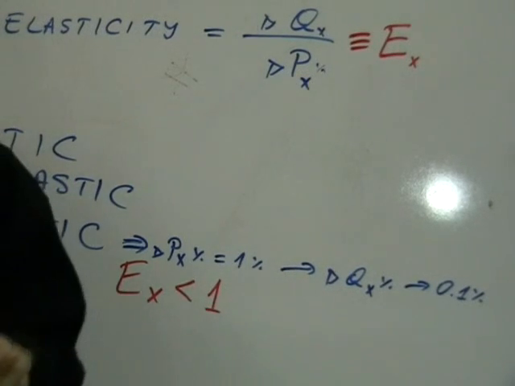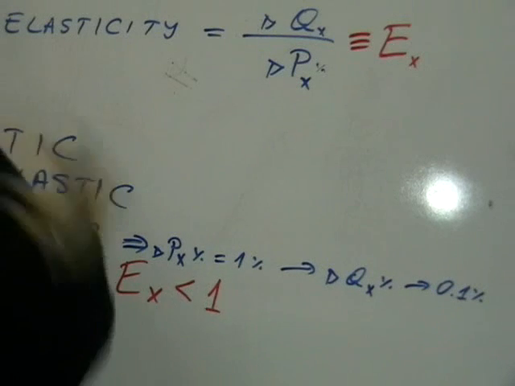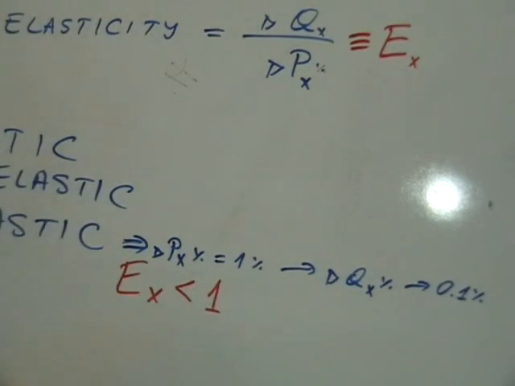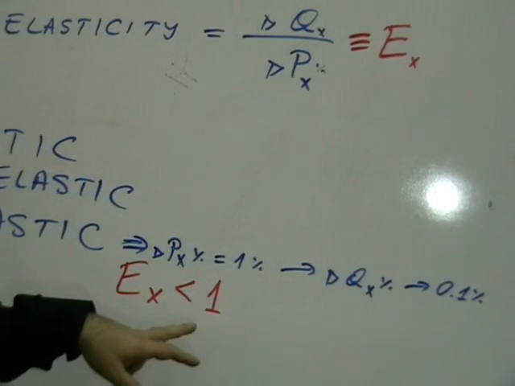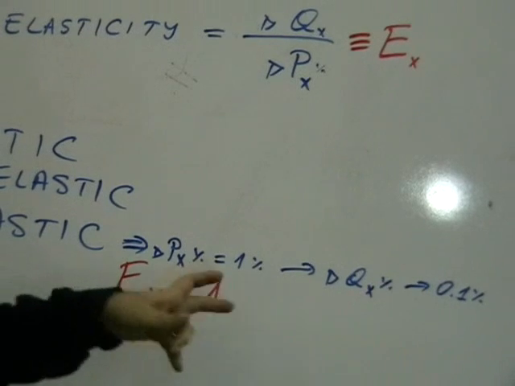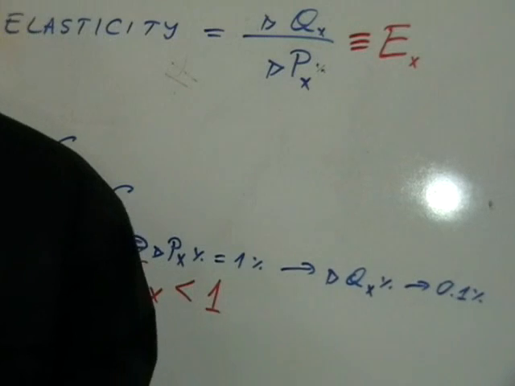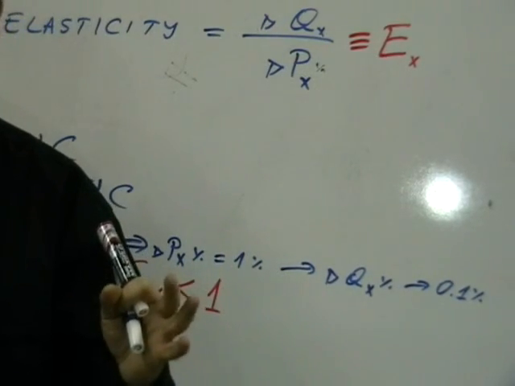Actually, demand for oil is one of the most inelastic demands out there. Actually for oil, demand elasticity is close to 0.1. So you gotta raise the price quite a lot to shrink demand by 1%.